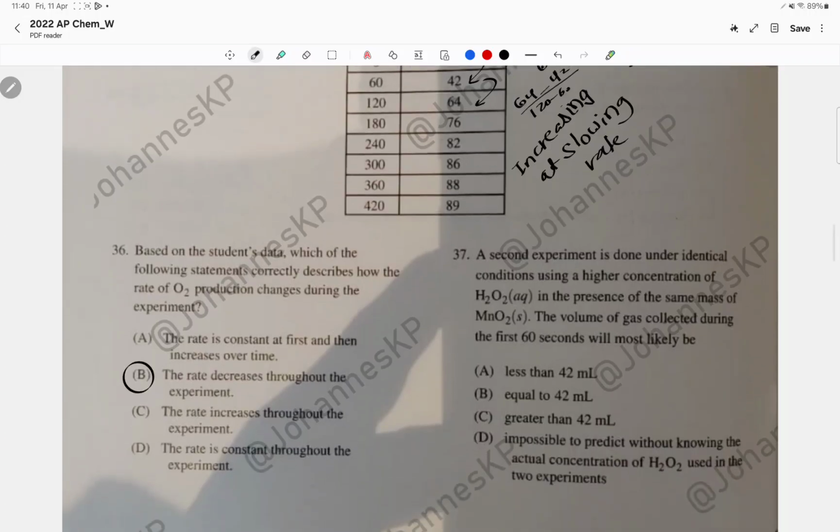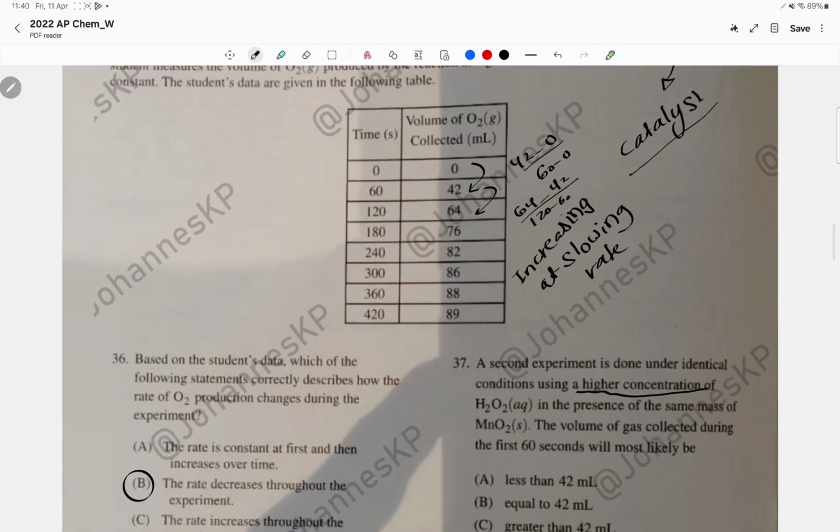37. A second experiment is done under identical conditions using a higher concentration of H2O2 in the presence of the same mass of MnO2. The volume of the gas collected during the first 60 seconds will most likely be... So they used a higher concentration of H2O2.